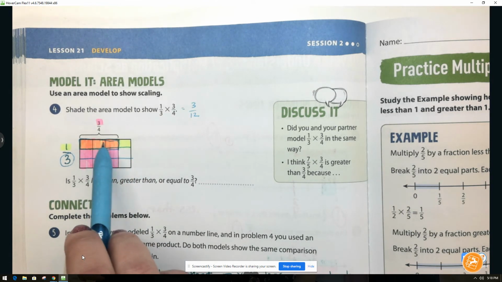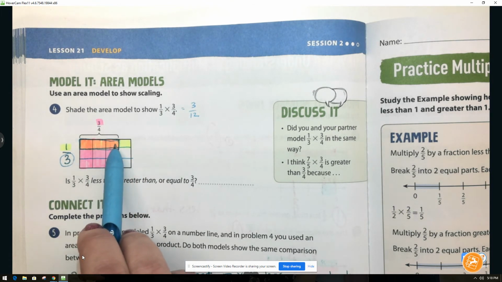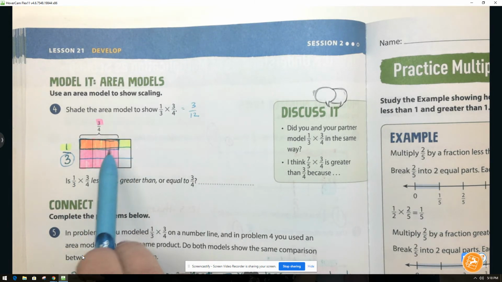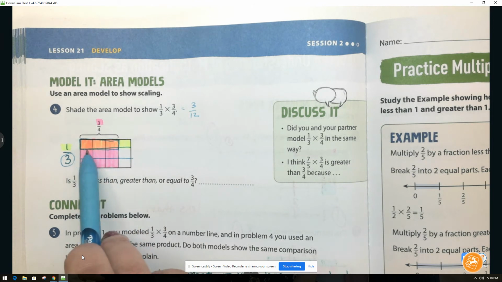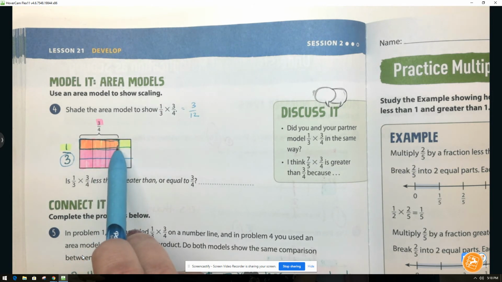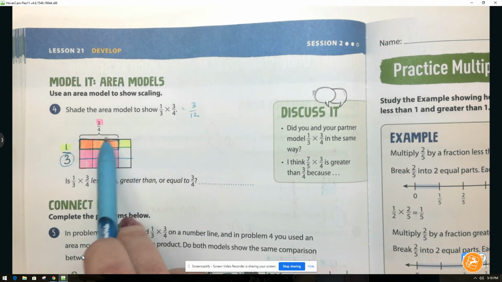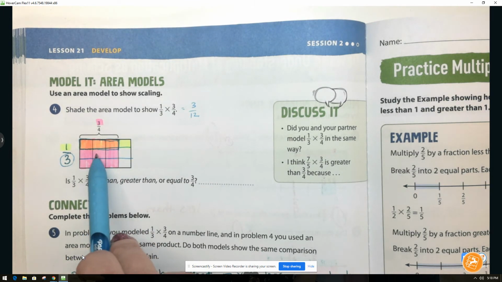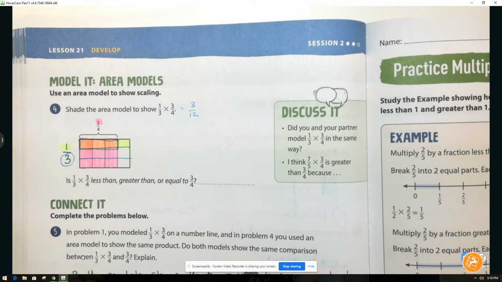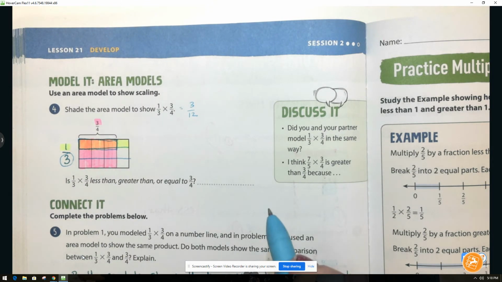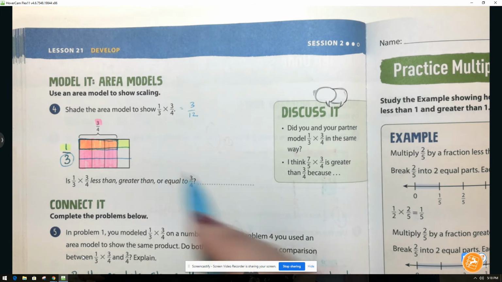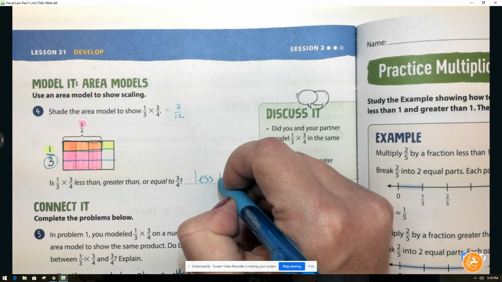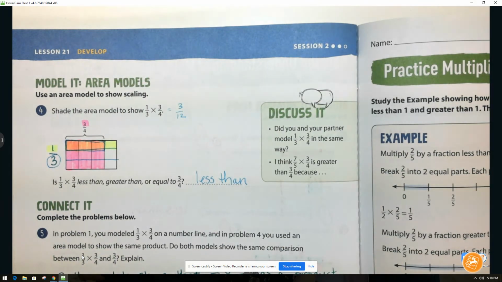The orange section covers 1, 2, 3 tiles, but the yellow section covers 4 tiles. Is the orange section less than, greater than, or equal to the pink section? Well, the orange section is 3. The pink is 1, 2, 3, 4, 5, 6, 7, 8, 9 tiles. So therefore, we know that 1/3 times 3/4 is less than 3/4.